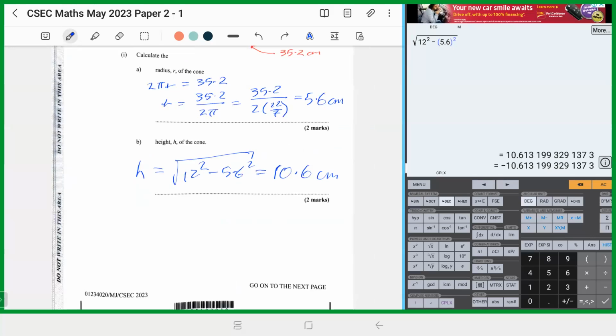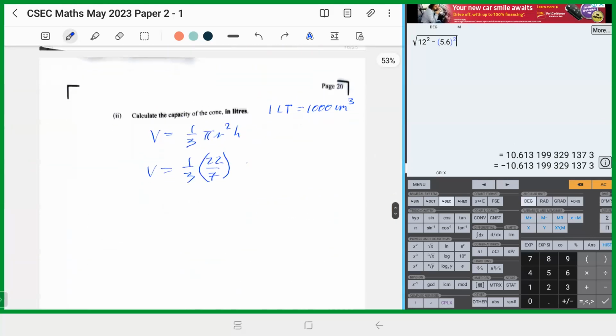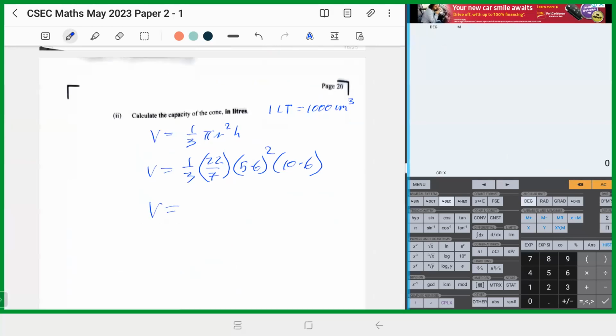I'm going to put that in the calculator: a third times 22/7 times 5.6 squared times 10.6. That gives me 348.245, and then I have 3 repeated.